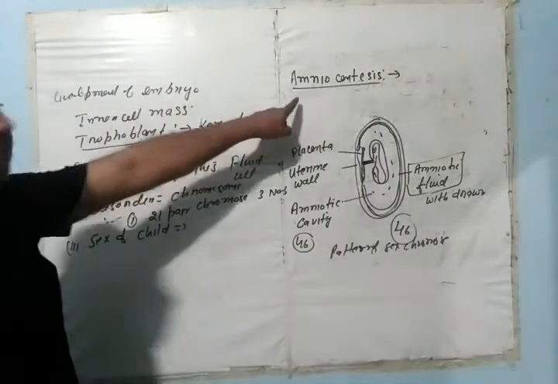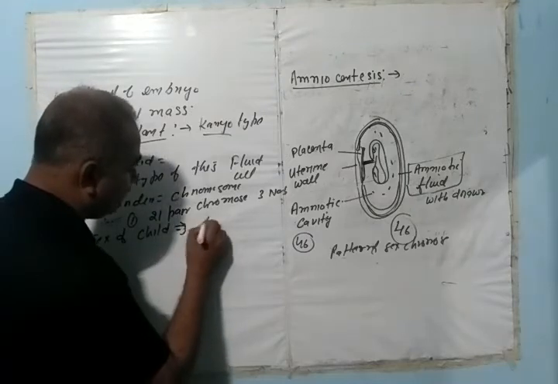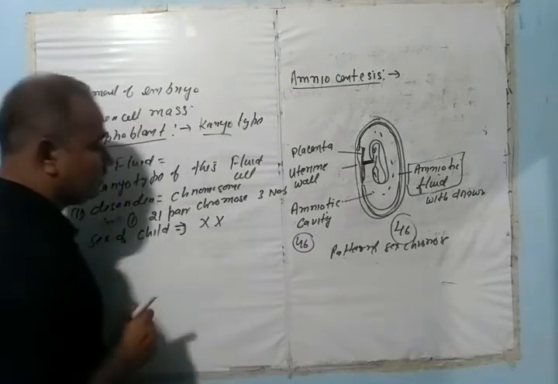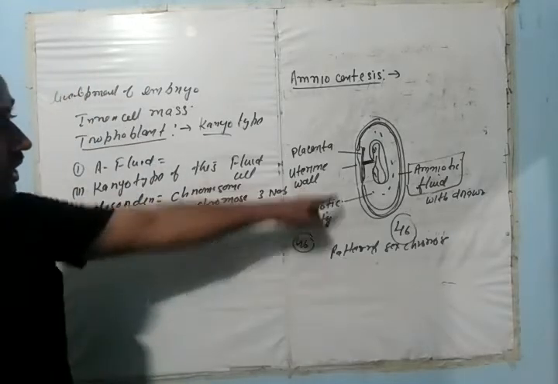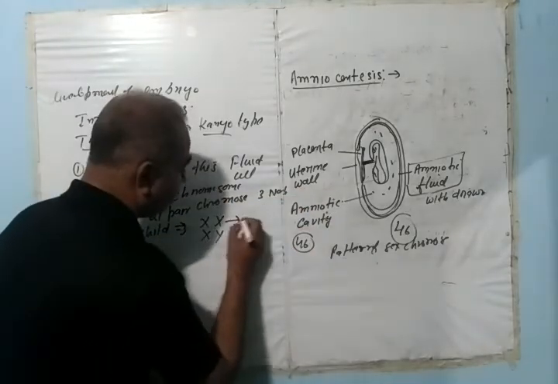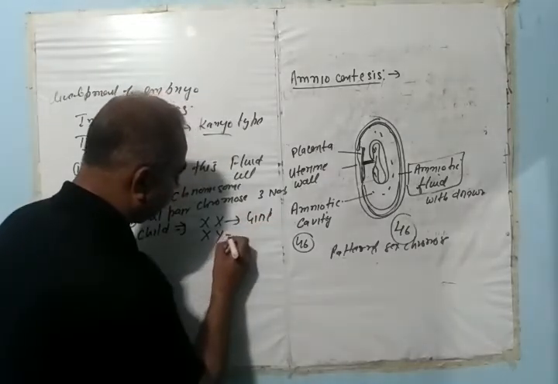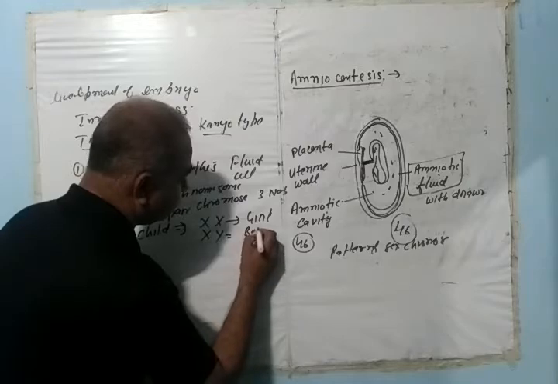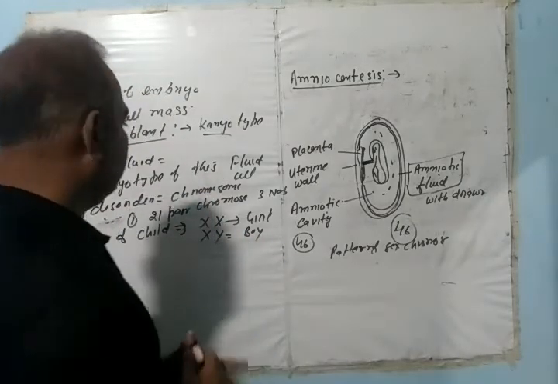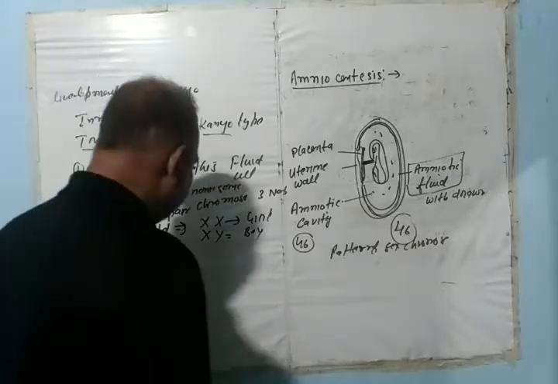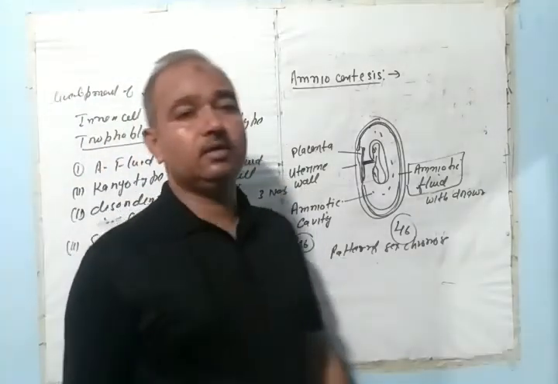Finally, with the help of this technique, we can easily find whether the developing child has XX or XY sex chromosomes. If the child has XX chromosomes, it is a girl, and if it has XY, it is a boy. So we can say that with the help of this technique, we can very easily know whether the developing child is male or female.